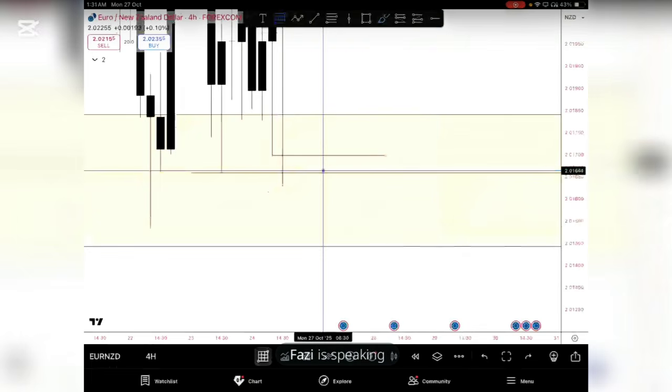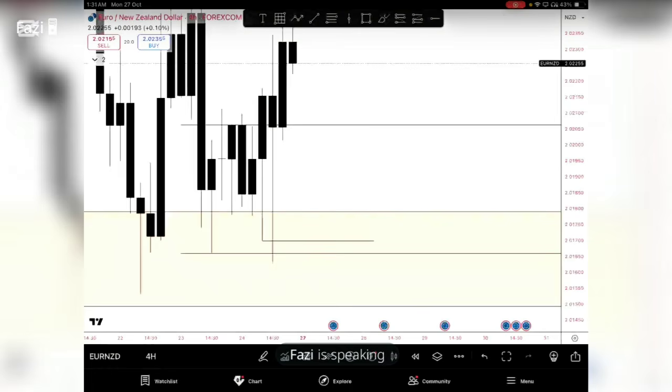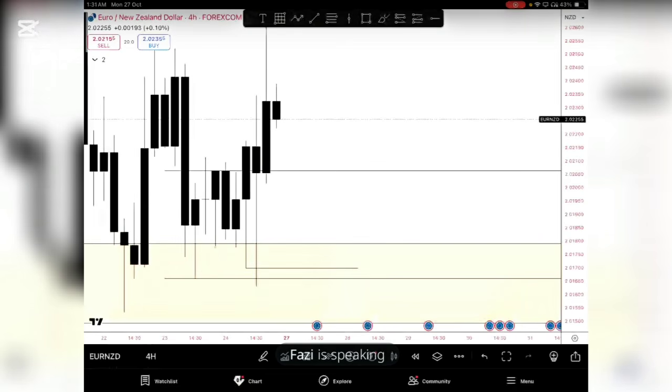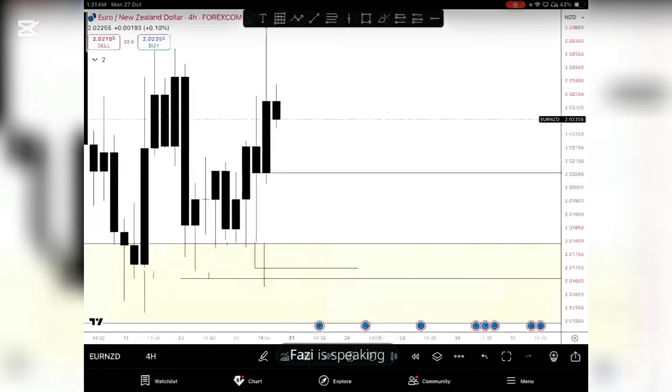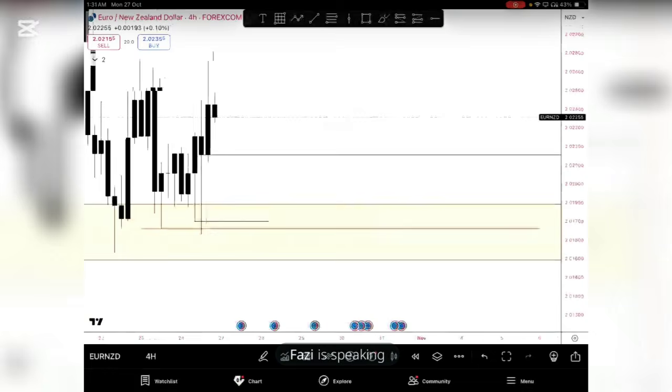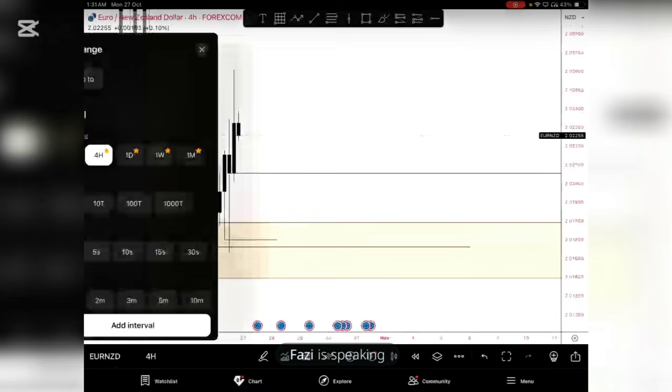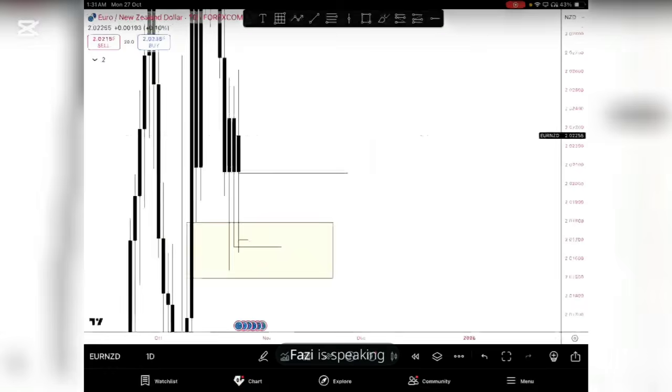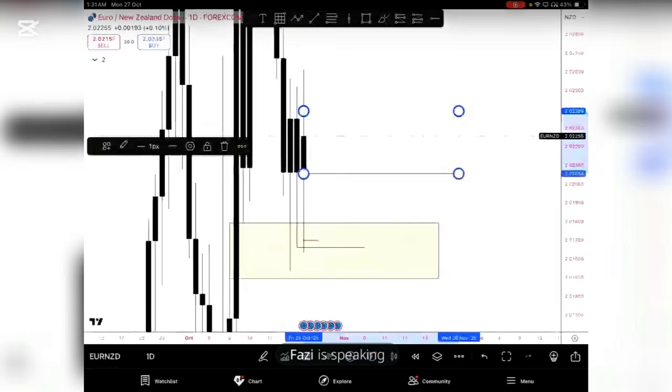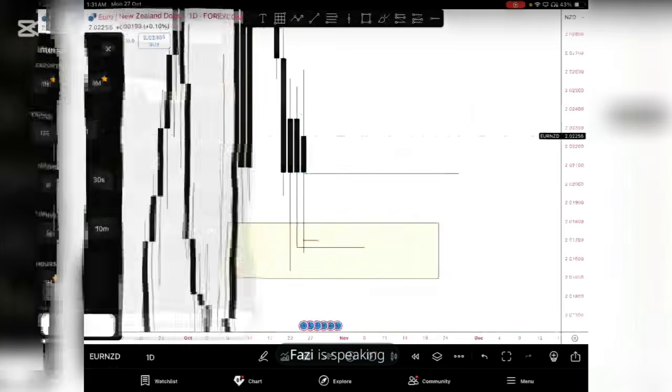So how do you look for entries? If that V-shaped key level has been formed, then you can look for entries. Now you can see that what we chose on the daily level and the H4 level are aligned with each other. Now get into the daily. What you are seeing on daily is the V-shaped key level, and on H4 that is the V-shaped key level, and we have a sweep.